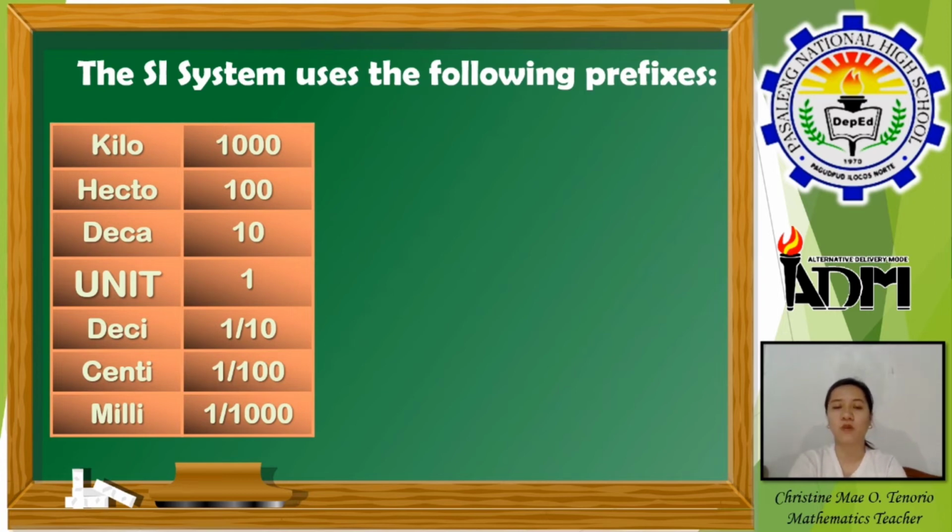So 1 is our basic unit, or the meter, or maybe gram, or maybe liter, and then divide it again by 10. We have here 1 over 10, or the deci, then the centi, 1 over 100, and then last is the milli, 1 over 1,000.